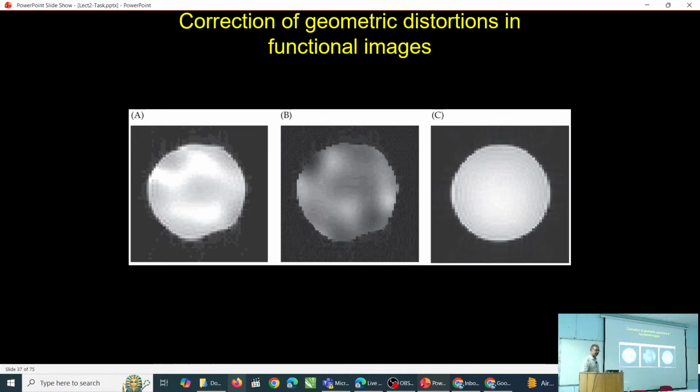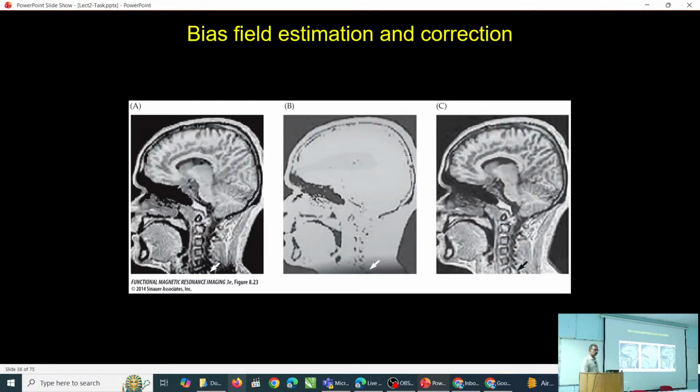So if you get an image like this or this, then you know what kind of image processing to do to get an image like this, and then you can use the same transformation on the anatomical image to get decent quality images. This is called B field correction, the bias field estimation and correction. From here you can find the B field and then do the appropriate correction.